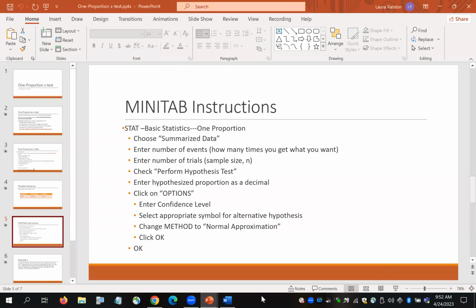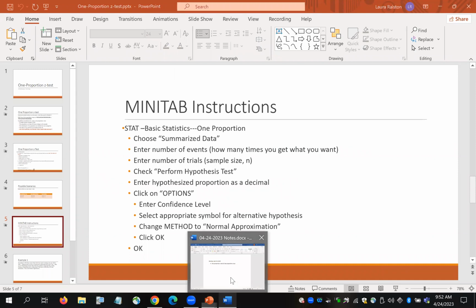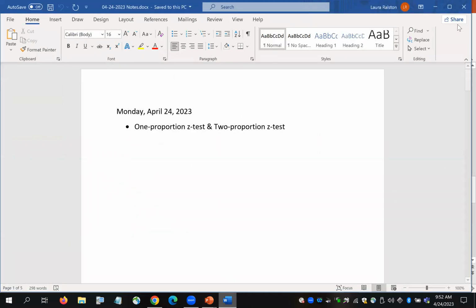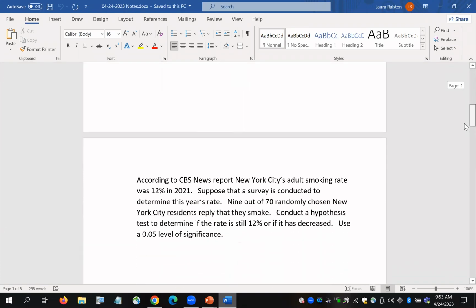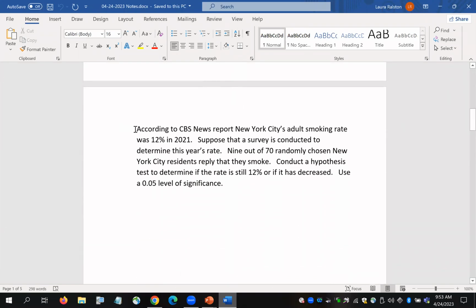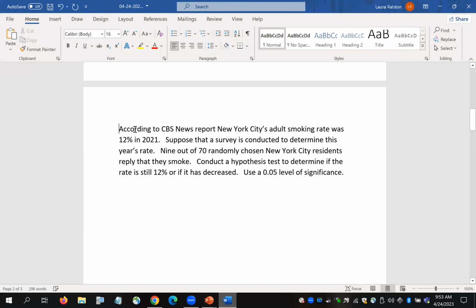So I'm going back over to my Word document just because it's easier to work with them in a Word document format. And we're going to look at some examples. Again, one of the things that you have to be able to do is to recognize what type of problem you have.